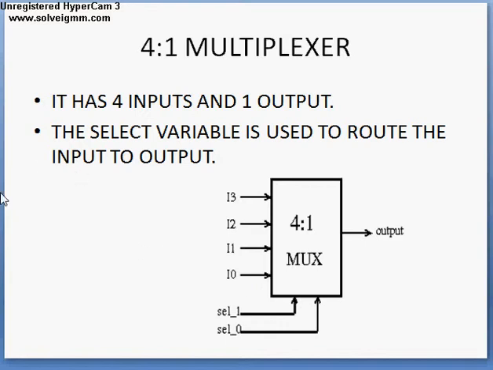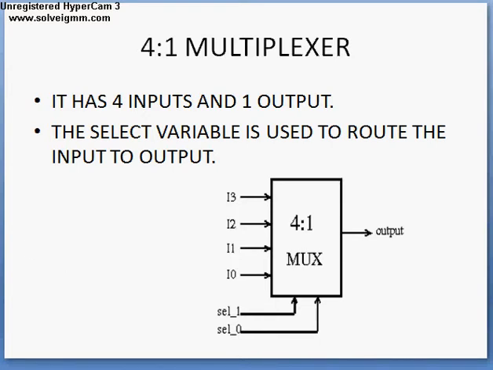Now you can easily determine the number of select lines in a 4:1 mux is equal to 2, as the diagram indicates that it has 2 select variables. I will tell you how to calculate the select variables.